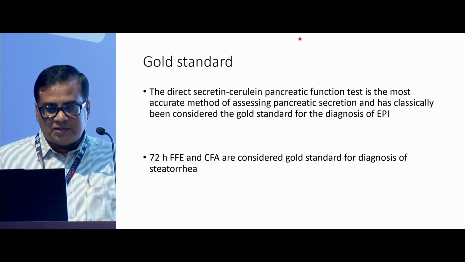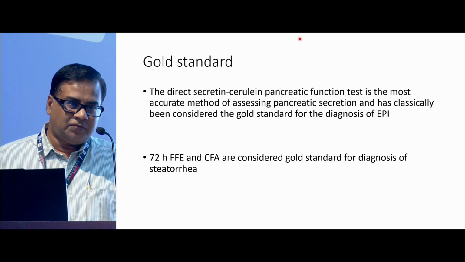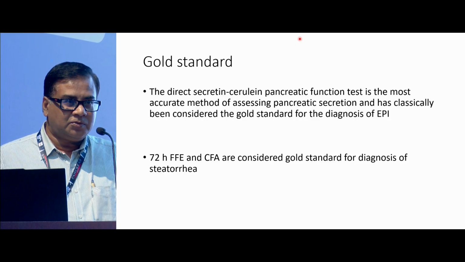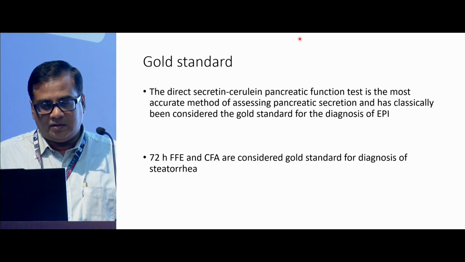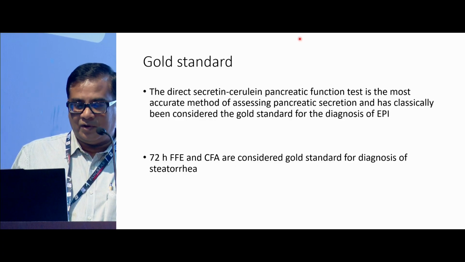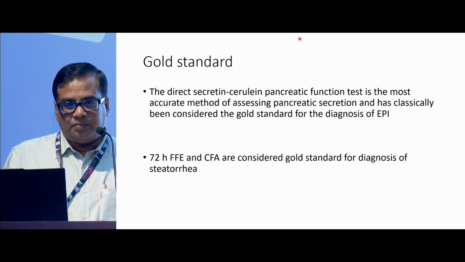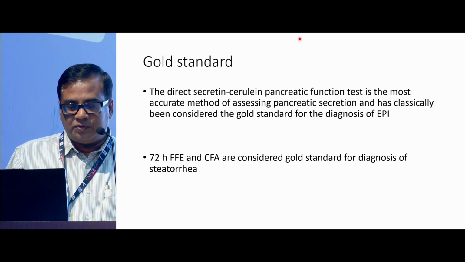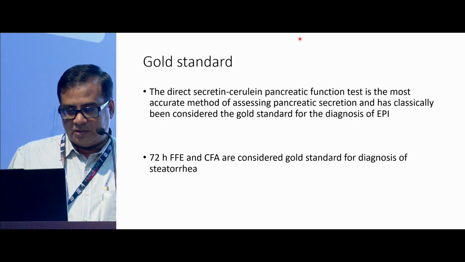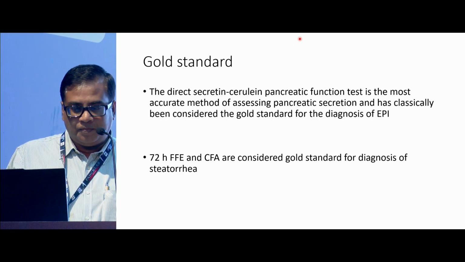So this has been classically considered the gold standard for diagnosis of EPI. However, there are practical issues because it's quite invasive, and because of that it's less used now and less available. However, from the diagnostic point of view, for picking up early pancreatic insufficiency in early chronic pancreatitis, it is the most sensitive among all the tests so far.